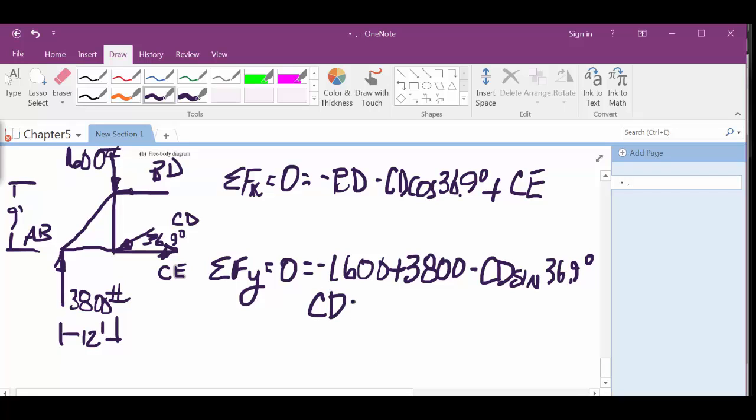CD goes to the other side of the equation. 3800 minus 1600, what's that, about 2200, divided by sine of 36.9? What's it come out to? Anybody do it? Isn't that right? 3800 minus 1600, 2200 divided by the sine, 3664.